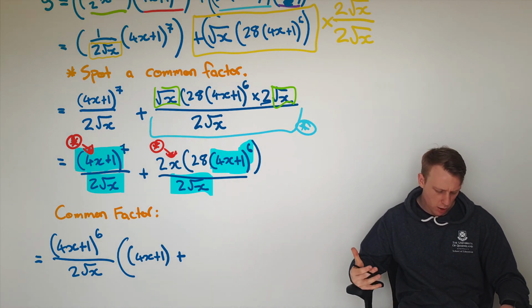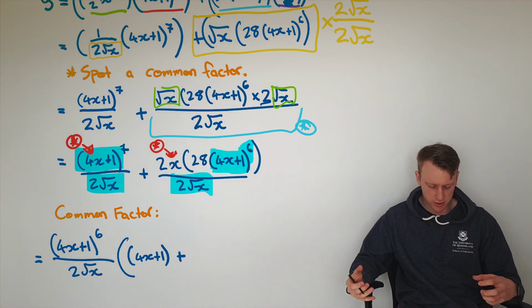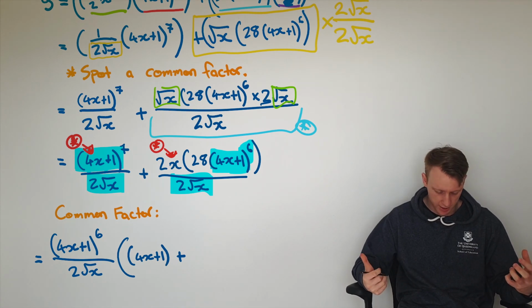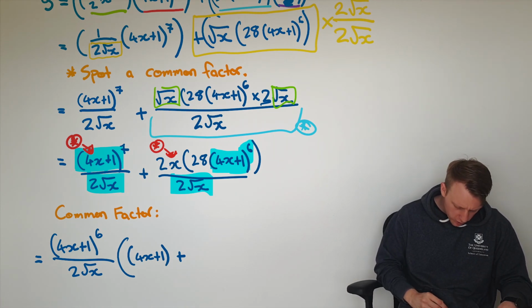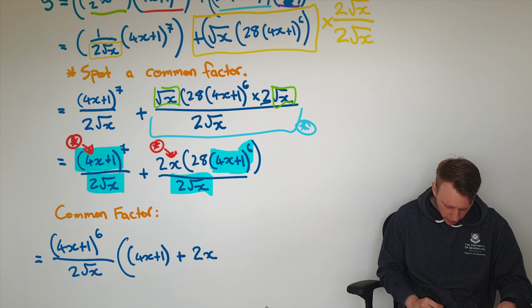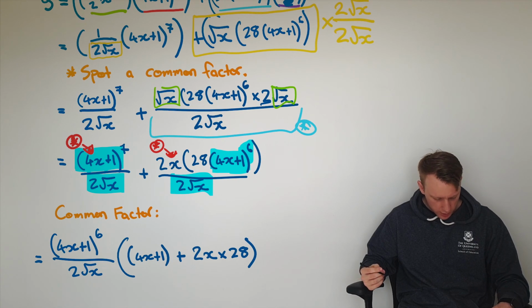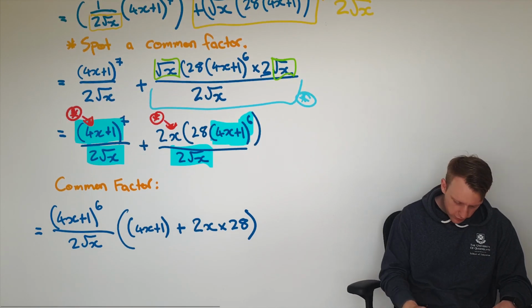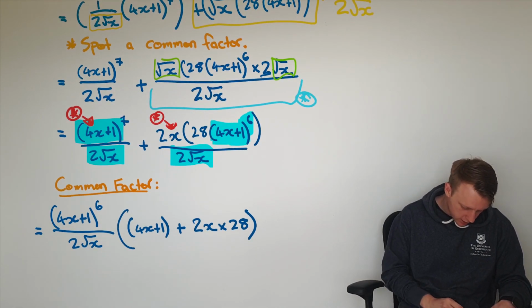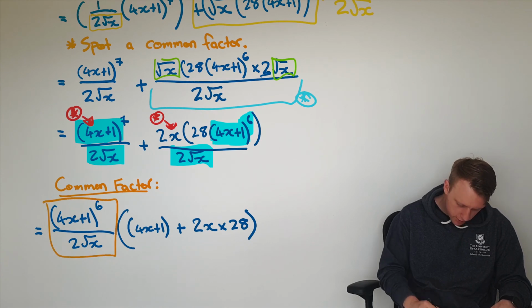I've pulled out the whole 4x plus 1 to the power of 6, so that's not going to be there anymore. I'm going to be left with 2x times 28, and that denominator will be left over there. And so my common factor, which I've pulled out, is this guy right here.